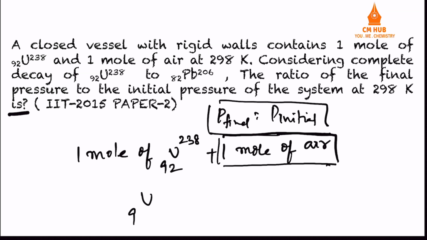Now what is the second part of the question? Uranium 92-238 converts into lead 82-206. So this is a radioactive decay that is taking place. Uranium 92-238 is changing to lead 82-206. What is it that we need to get from this? Now this is a nuclear disintegration.